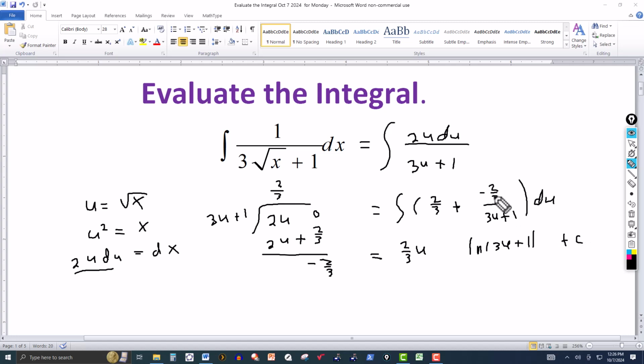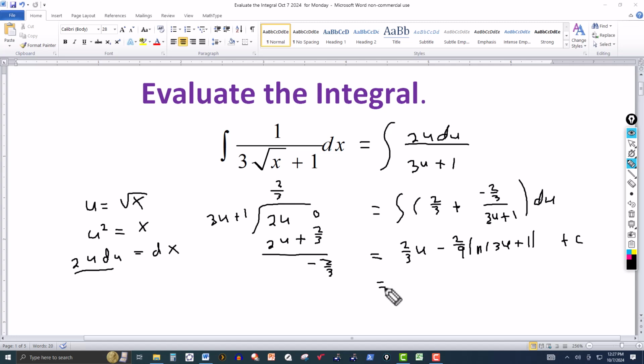And this right here, that's going to be your k in the formula that I just went over at the beginning of the video. And then this is your a right here, 3. So the minus 2/3 gets divided by 3 and really multiplies, so this is going to be minus 2/9. And that's the integration with respect to u.